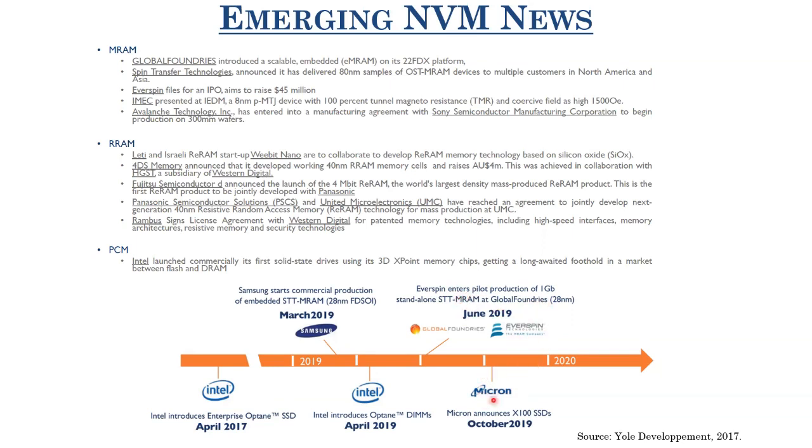Also, Micron announced cross 100 SSDs, which were using the same phase change memory devices. But now Micron has stopped this. Micron was not able to extract profits out of this 3D crosspoint, so it sold it to Intel, and now Intel is selling its entire NAND division to SK Hynix. This is going to be fixed in 2022.